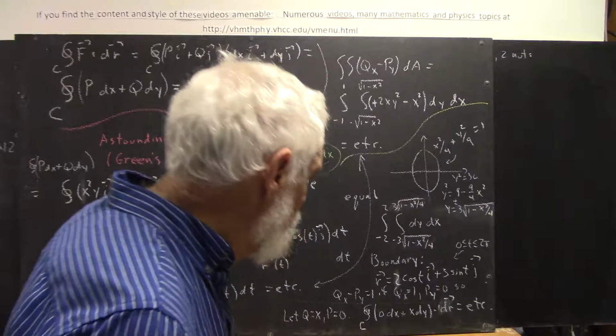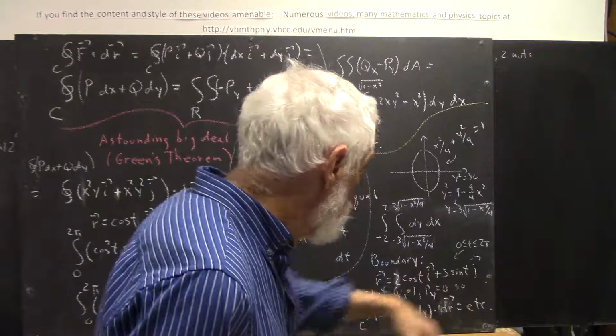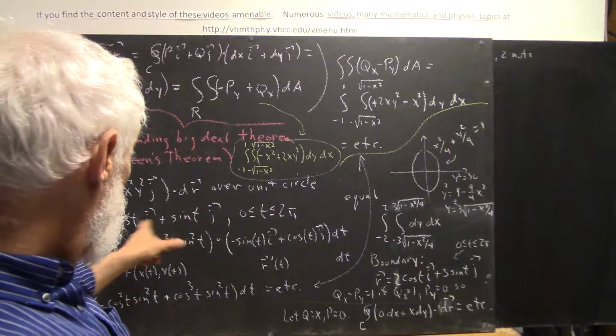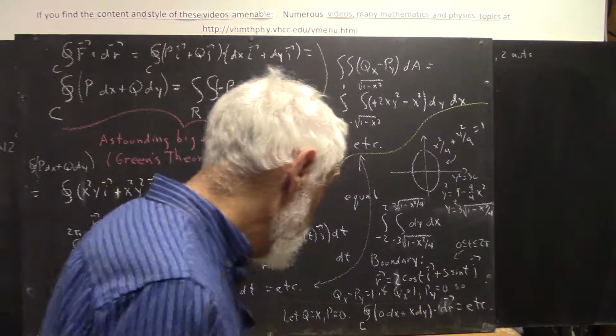So we could do an integral around this path, which is done in a way very similar to the integral around the unit circle path. Just a couple little differences. You get the 2's and the 3's in there.